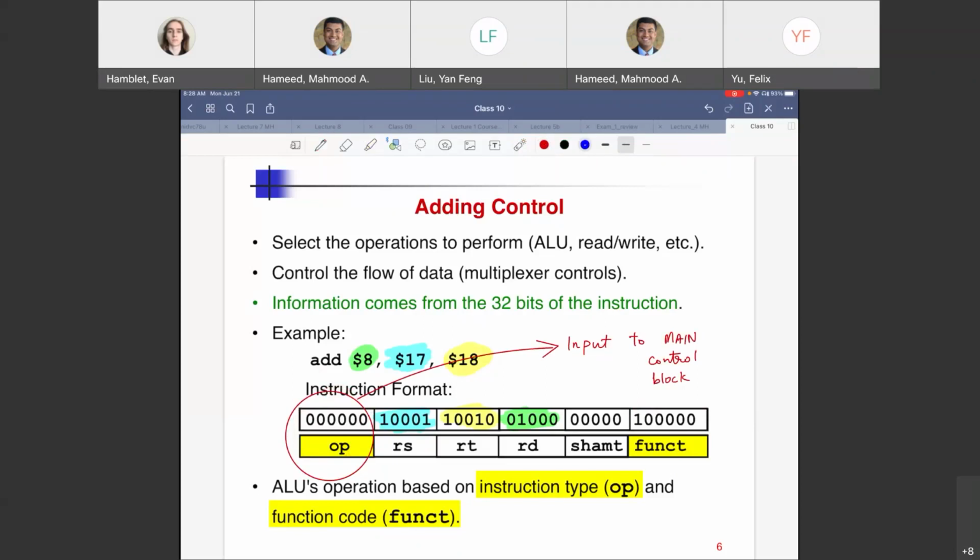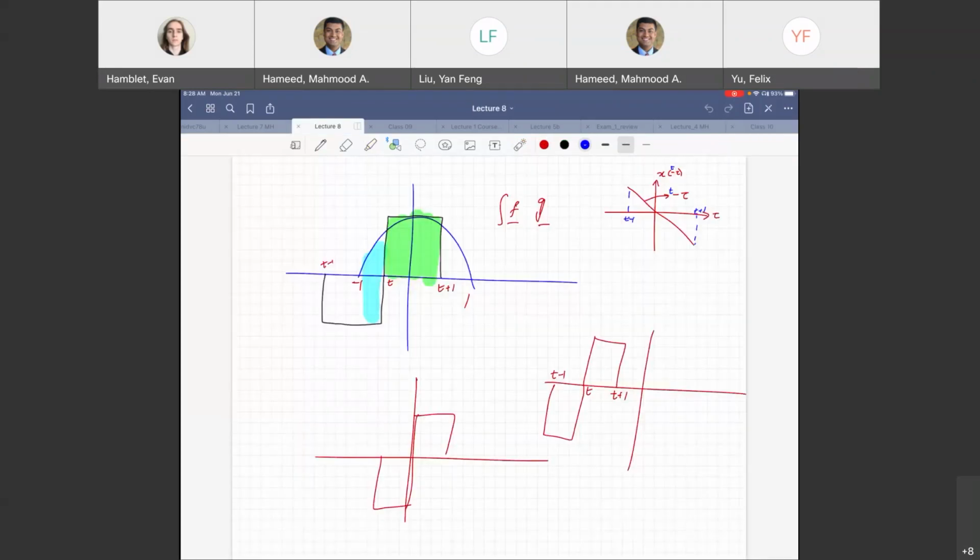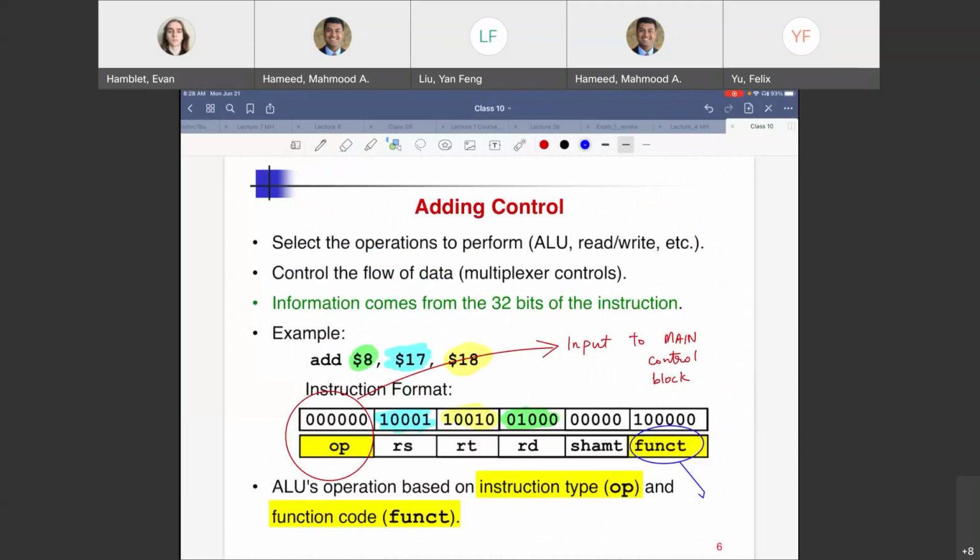And then we have this guy as input to ALU control. Only makes sense for the R-type instructions.